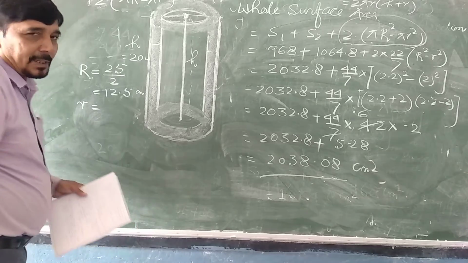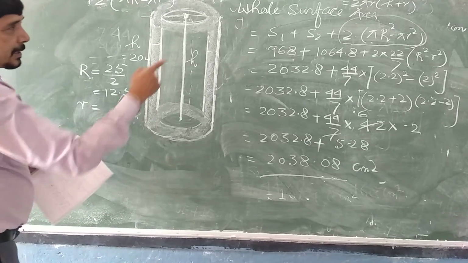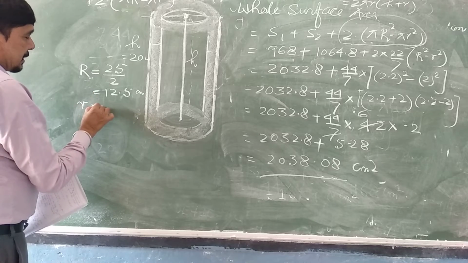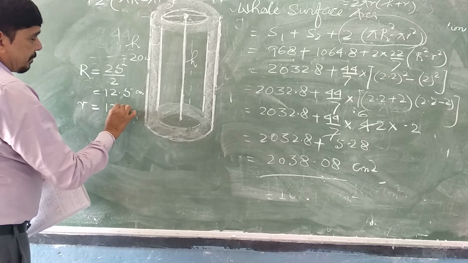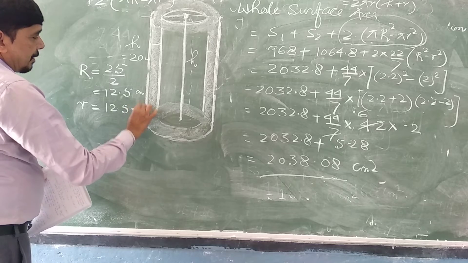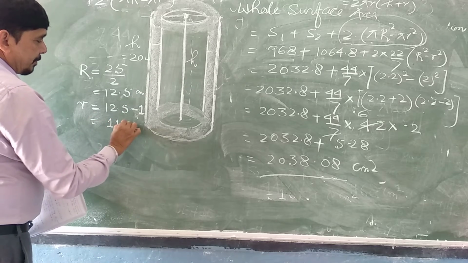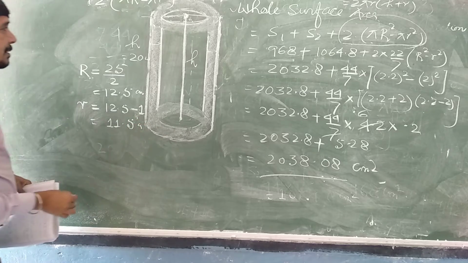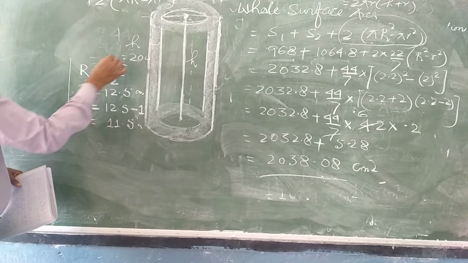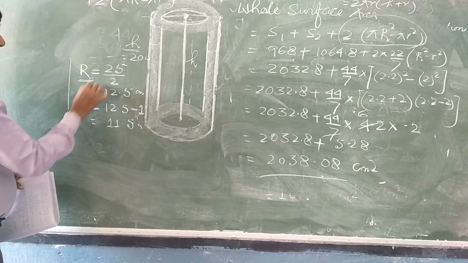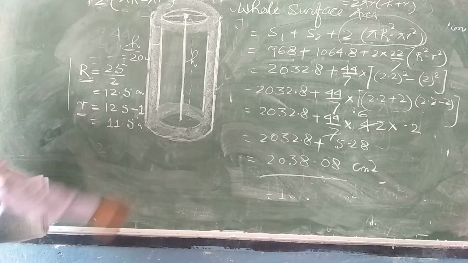Now the thickness is 1 centimeter, so the internal radius will be 12.5 minus 1, which is 11.5 centimeter. Now we have the height, external radius and internal radius.